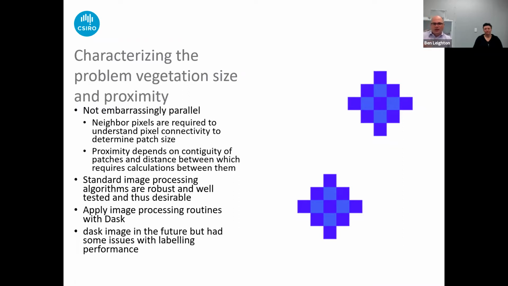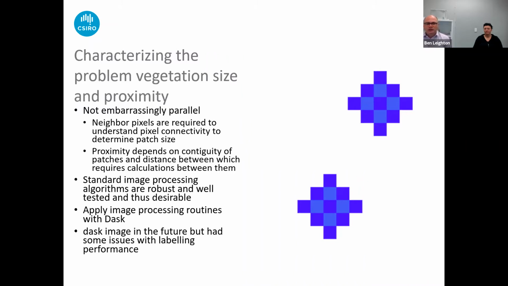Once we understand what neighbour pixels are connected, we can just add them all up and determine the size of the patch. And so proximity also is not parallel as far as I'm aware. It depends on the distance between patches, and so we need to understand neighbour information again to be able to process and get an answer there.